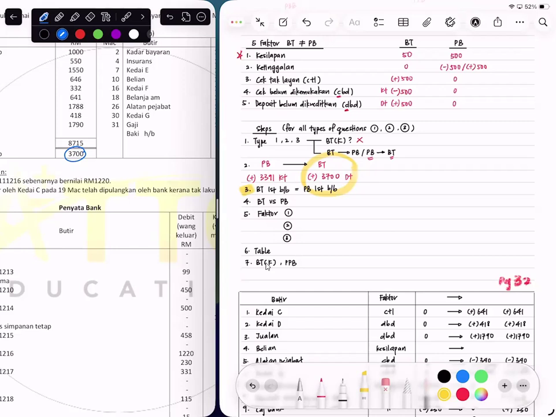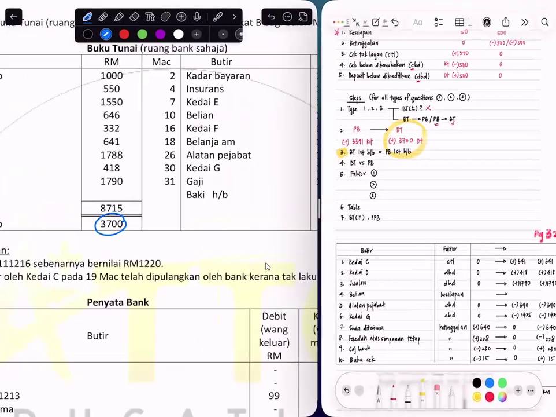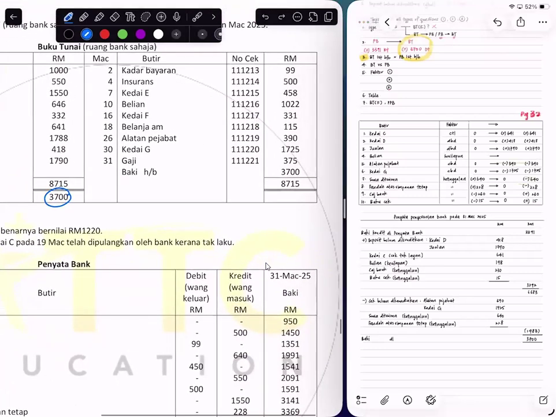You can't compare last month's transactions, because last month's transactions should be corrected in the last month. This month's correction can only be done in this month. Then how to check? Check your buku tunai and penyata bank first day baki whether the same or not. Then you check here, first day baki BB, whether the same.